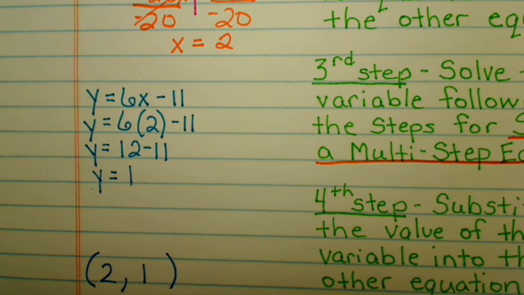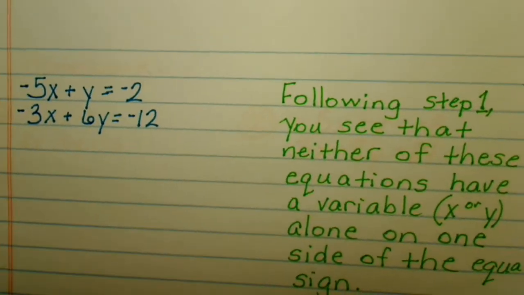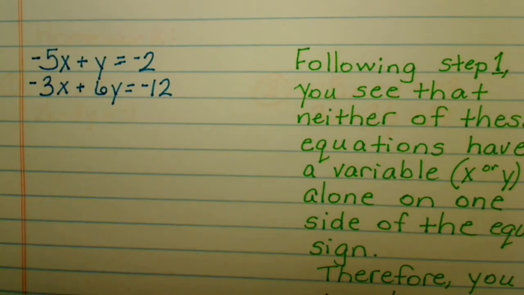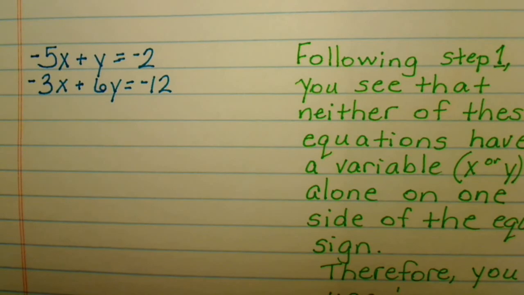All right, if you will turn over to the back of your worksheet, we're going to do one more example on the back. Now, when you look at this example, step 1 told me to see if we have a variable by itself on either side of the equal sign. Well, no, we don't.